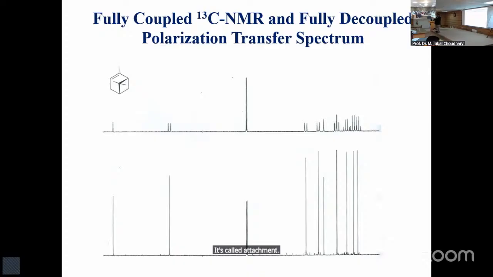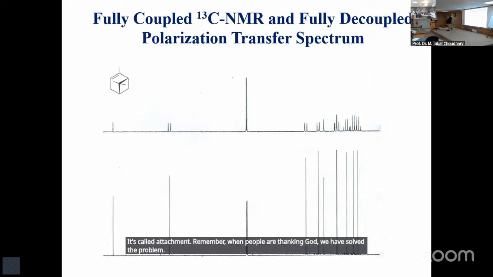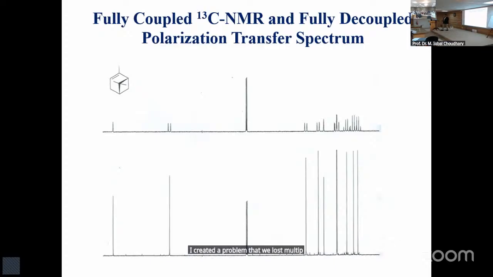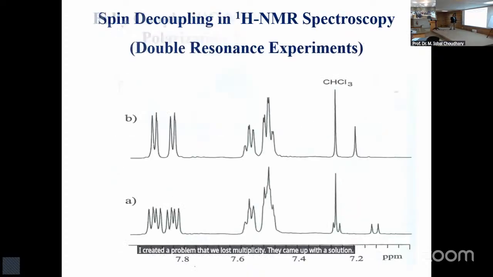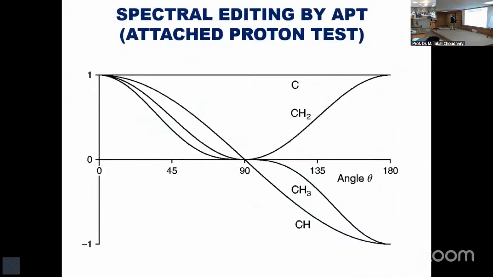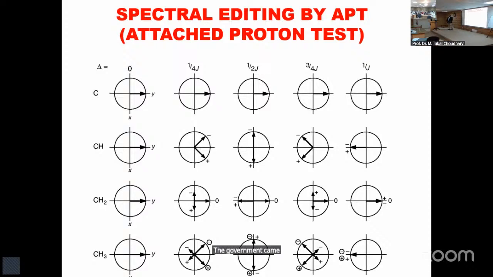So remember, when people were thinking, God, we have solved the problem, but at the same time we created a problem that we lost multiplicity, they came up with the solution called the attached proton test.